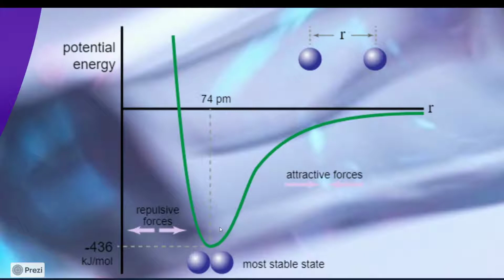Now, what I also want you to know is that when we push them past this, so if we try and push the hydrogen atoms closer and closer together, what's going to happen is that their potential energy is going to increase dramatically, okay?